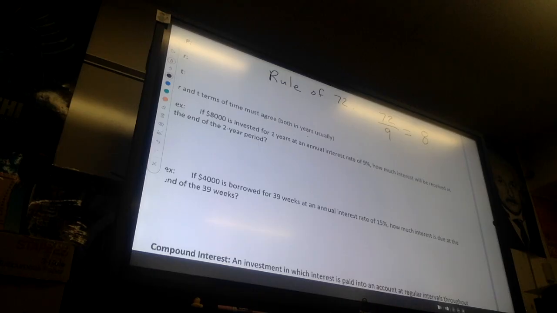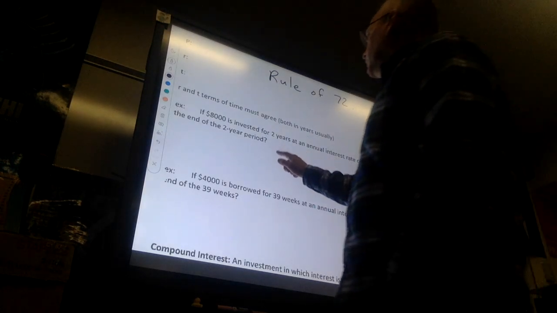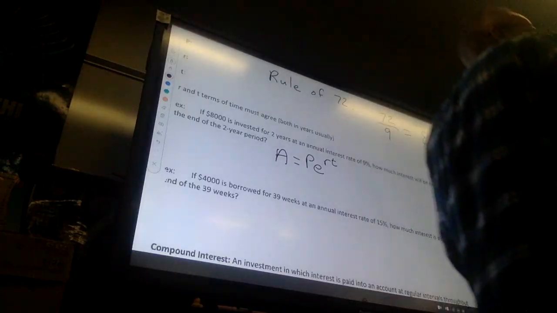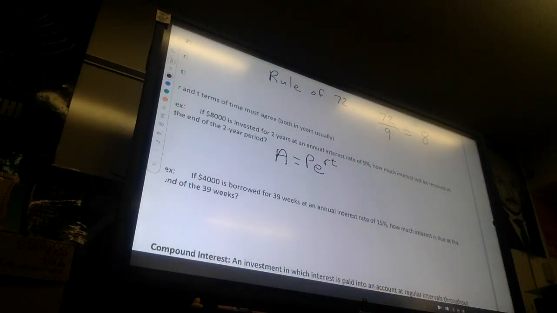So if I wanted to invest $8,000 for 2 years at an annual interest rate of 9%, how much interest? So how much on top of it? And so what we're going to do is use a pretty basic equation, and a lot of times they call it PERT, where the R and the T are the exponent, E is the exponential.